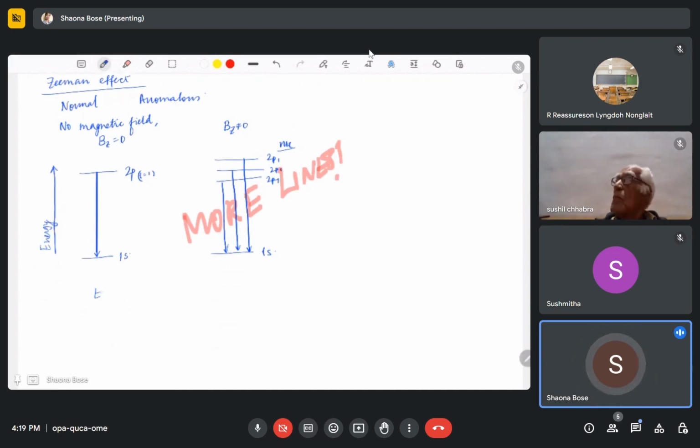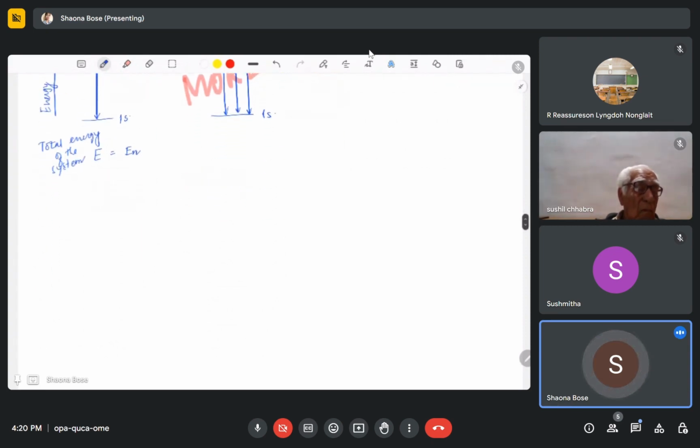Okay, so from your derivations, I'm not going into that. You just have the total energy of the system as E is equal to En, whatever is your principal quantum number, plus eħBz Ml by 2me.